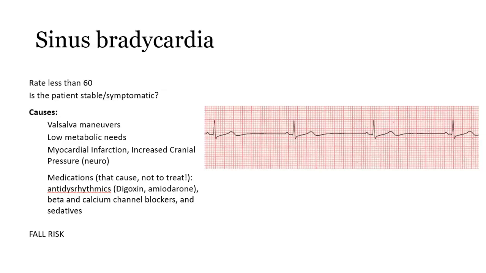Beta blockers, remember, are blocking the sympathetic response. It can slow down the heart rate. Also, calcium channel blockers are blocking the muscular contractions, some of those contractions of the heart, so they could slow down the ability of the heart to continue those beats.